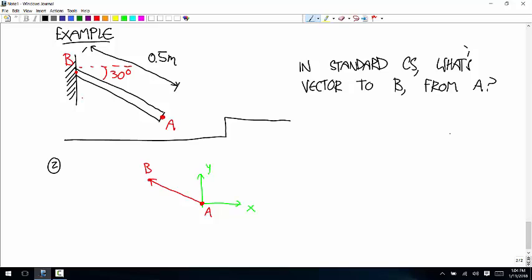Well, what do we know? We know that this angle is 30 degrees. And then, if you remember your SAT study book, this angle then has to be 30 degrees.